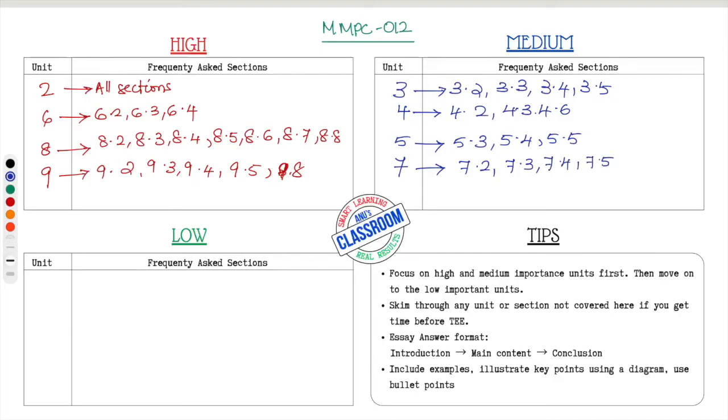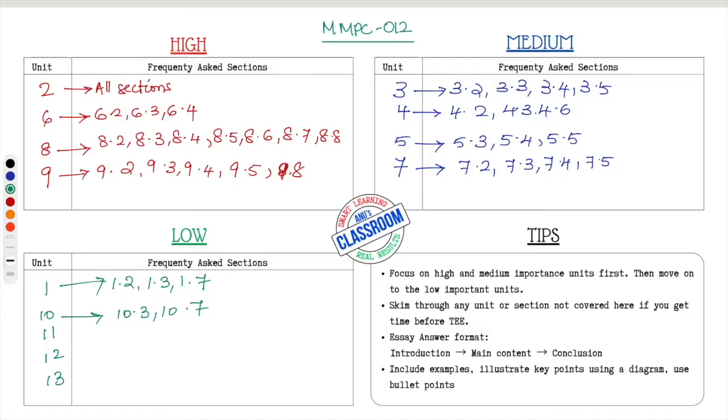All right. Coming to the low importance units. So these are your Unit 1, then your Unit 10, Unit 11, 12 and 13. These are low priority units. In that, from Unit 1, at least focus on 1.2, 1.3 and 1.7. From Unit 10, that is implementation of behavioral dimensions, focus at least on 10.3 and 10.7.